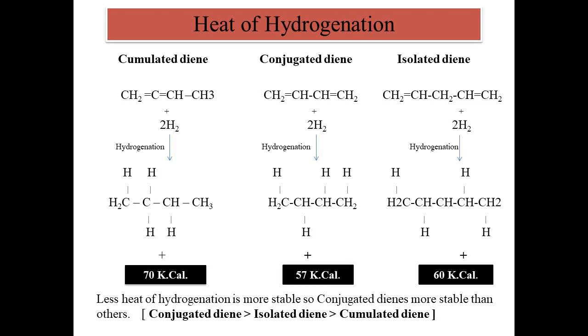So heat of hydrogenation is another evidence of stability. Conjugated diene is more stable than other dienes.